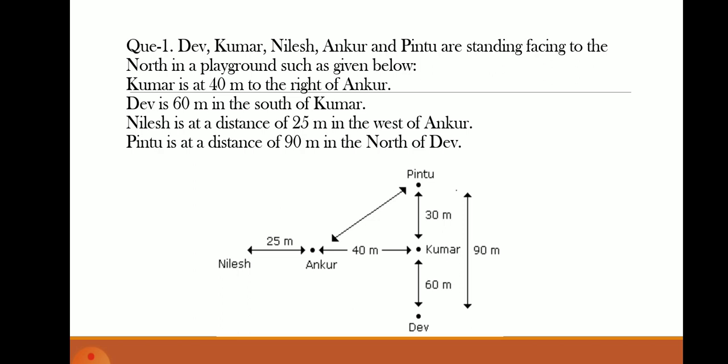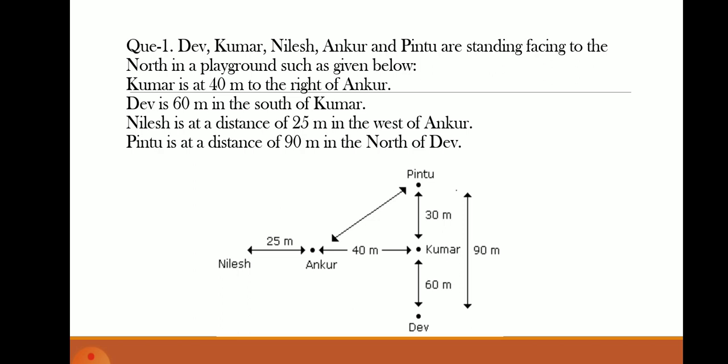Next, Dev is 60 meter in the south of Kumar. So from Kumar, south is in the downward direction. So 60 meter in the downward direction will be the next point, that is Dev. Now we have placed Dev. Next, Nilesh is at a distance 25 meter in the west of Ankur.